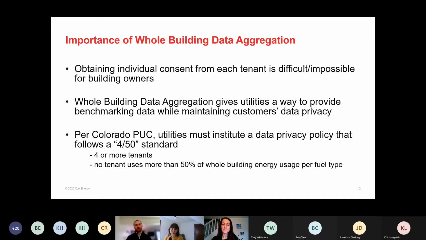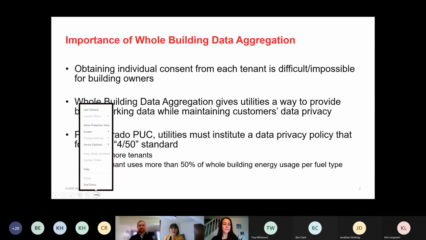So I just wanted to give some quick importance points of whole building data aggregation. For a lot of building owners, obtaining individual consent is difficult, if not impossible, especially when looking at multifamily properties. Whole building data aggregation gives us as utilities a way to provide that benchmarking data while maintaining customers' data privacy.